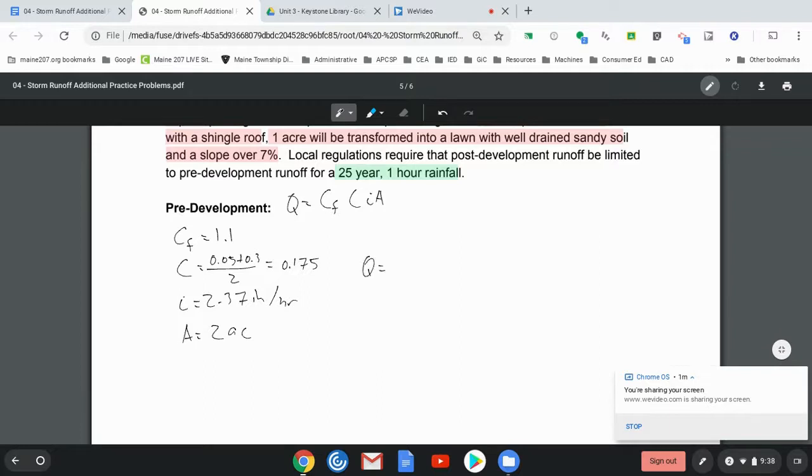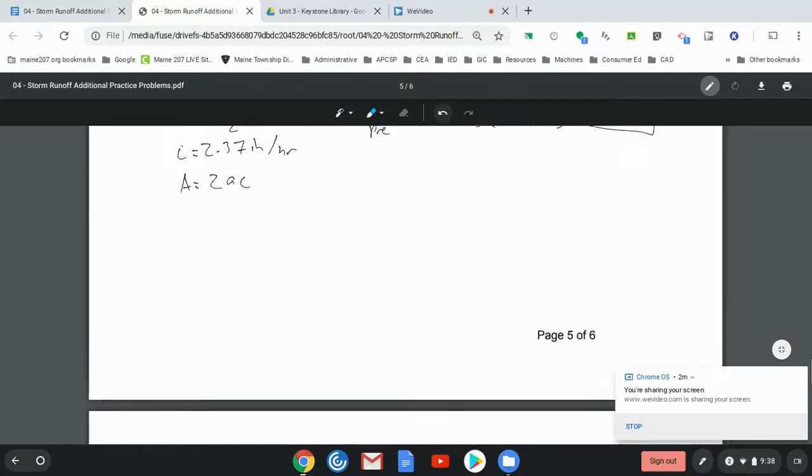So Q equals 1.1 times 0.175 times 2.37 times 2. Go ahead, do that calculation, and you should get 0.91 cubic feet per second. So that's Q pre.